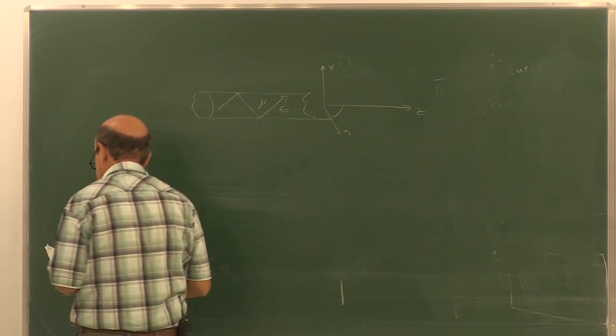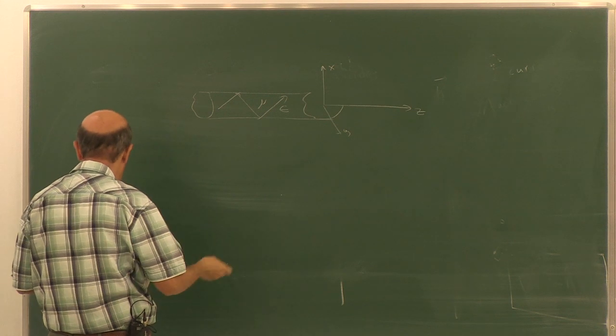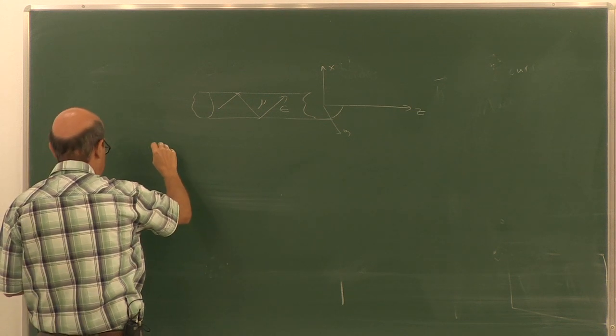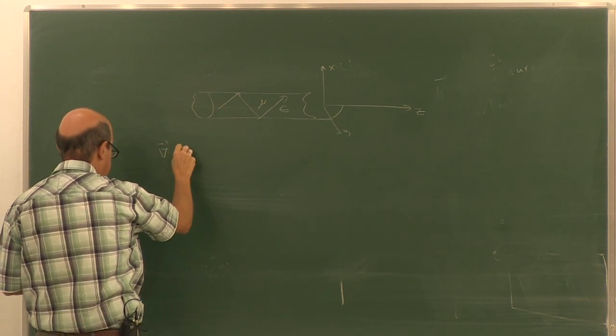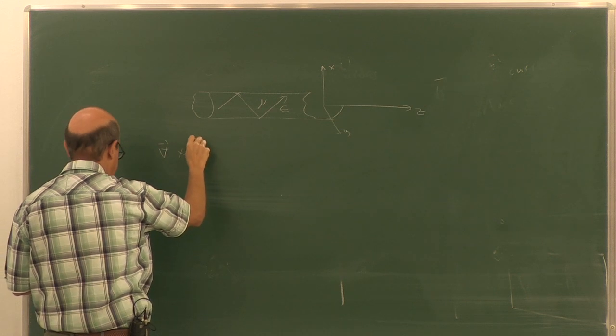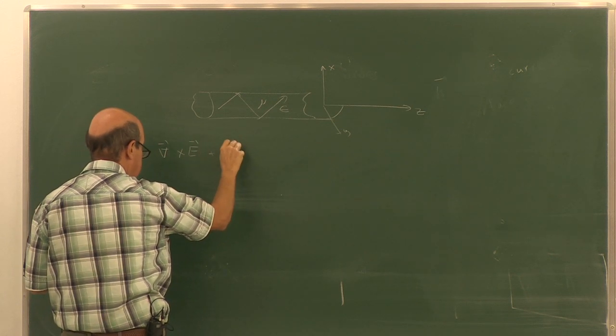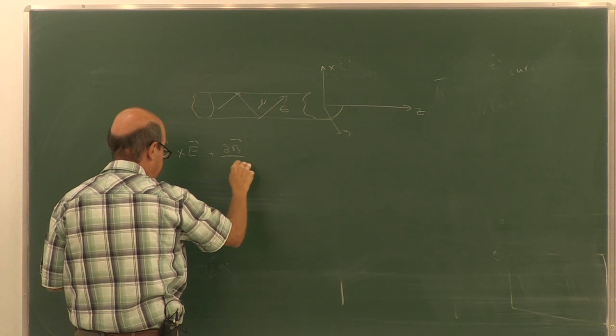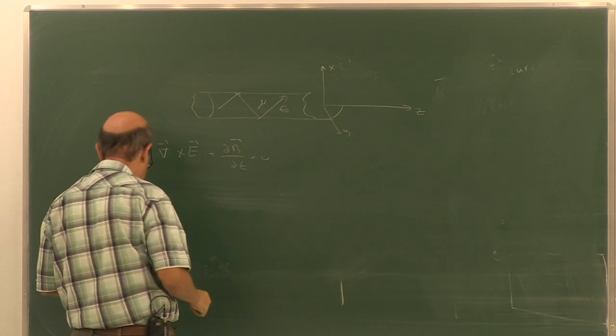So let us introduce the Maxwell's equations again. Del cross E plus del B over del t is equal to 0.